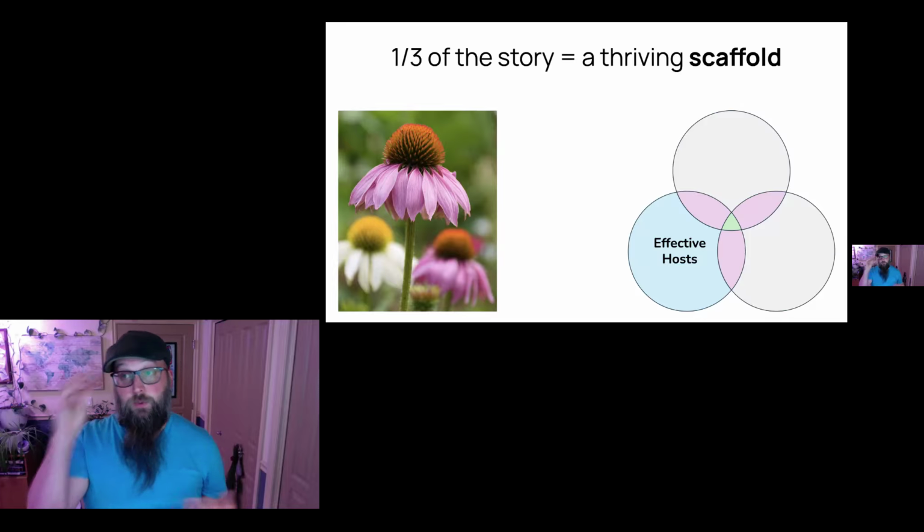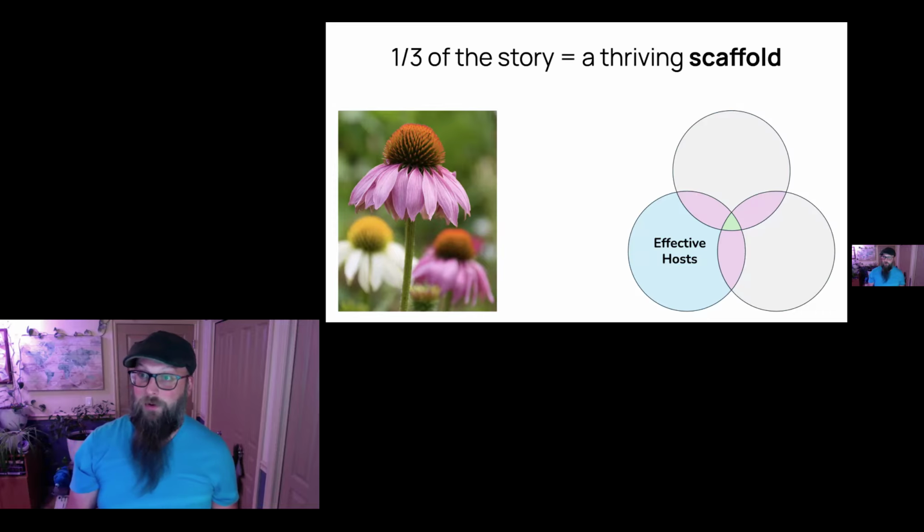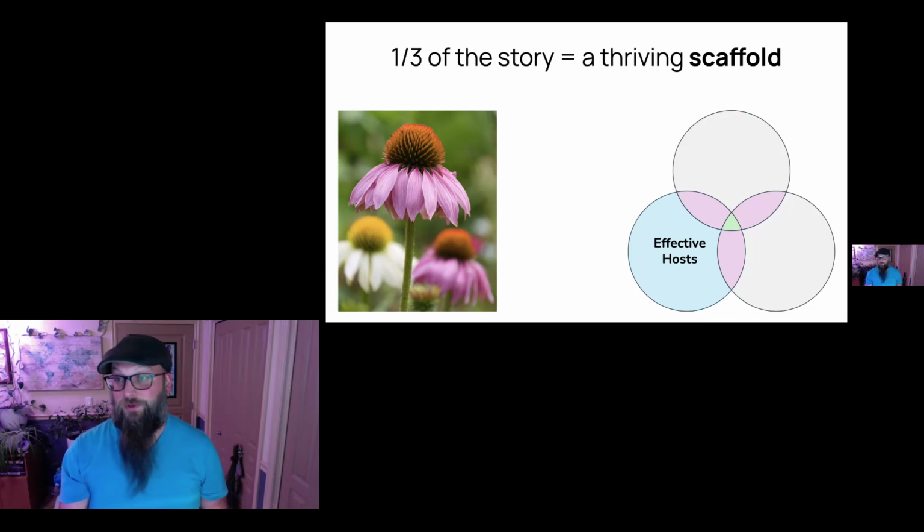And plants provide the majority of energy to the microorganisms as well, to everything else in the food web, all the arthropods and other things. Most of what we consume, even if you're a fungus, came through an autotroph at some point.